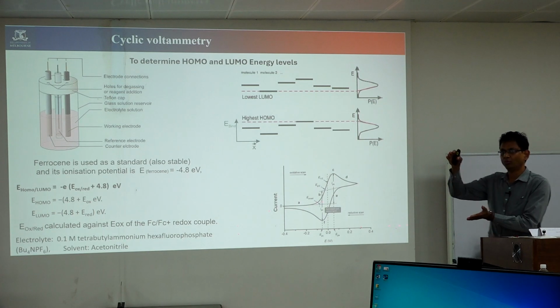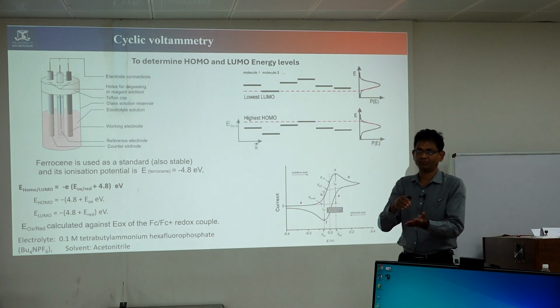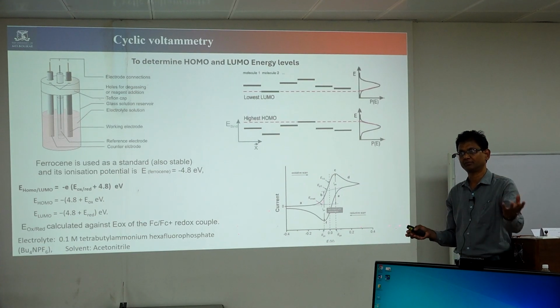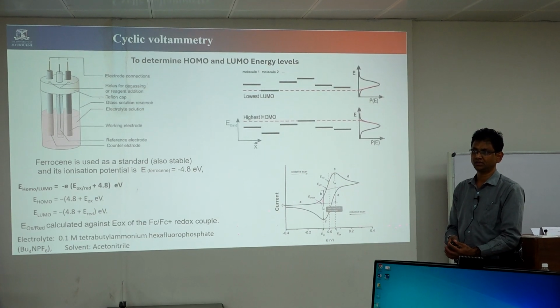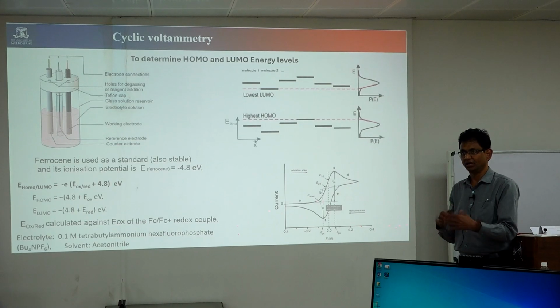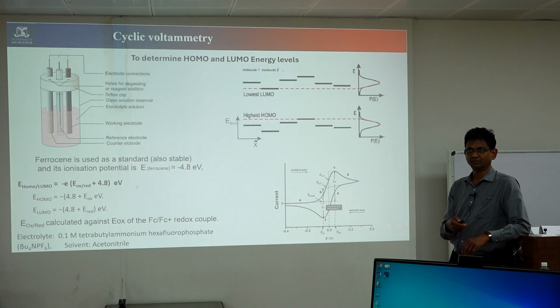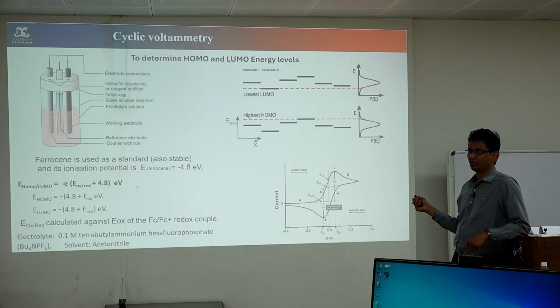This HOMO and LUMO also gives the band gap. Sometimes this band gap will be different from what you calculate from the solid-state absorption band gap, because both methods are different, and some type of explanation will be given. So note down, the question is based on this as well.